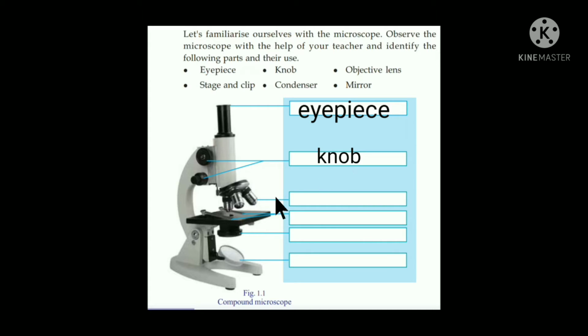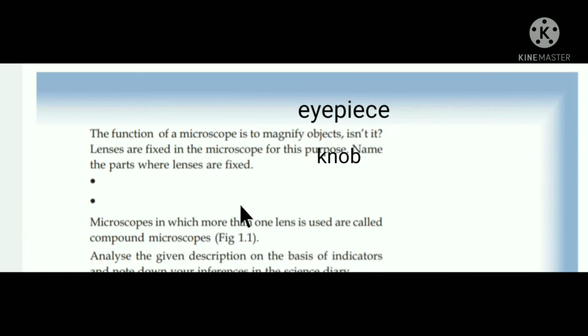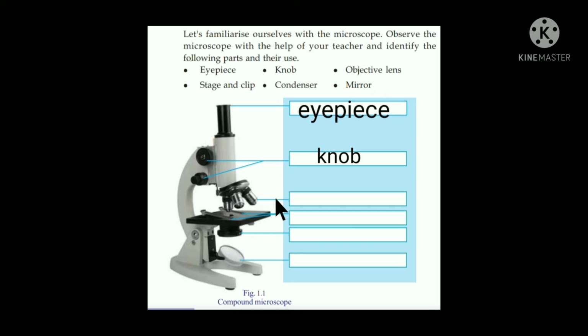Then next one. What is it? This is an objective lens. Clear? You can write it here. Objective lens means just near to the object.